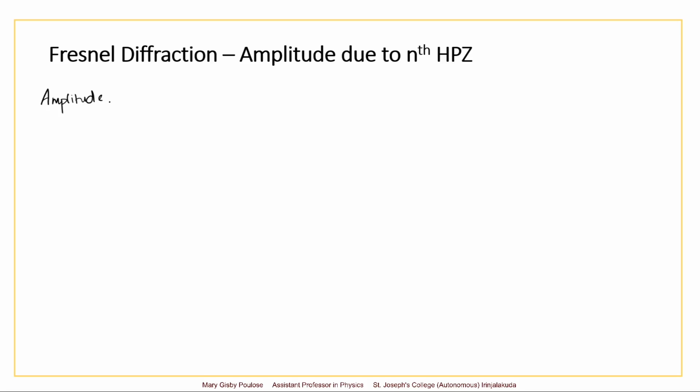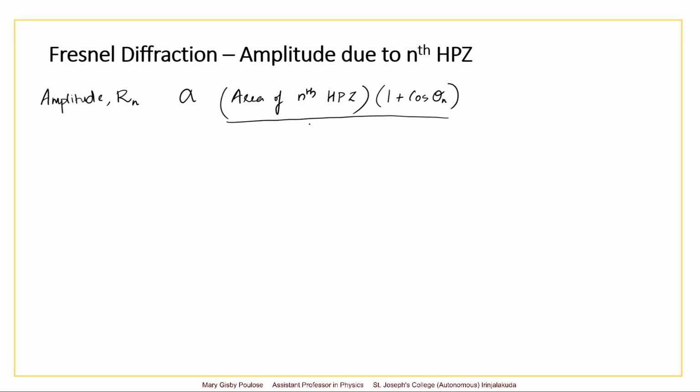represented as Rn from the nth half period zone is proportional to the area of the nth half period zone and the inclination factor of the nth zone, and inversely proportional to the mean distance of the nth zone.